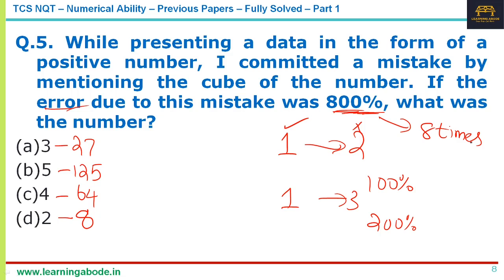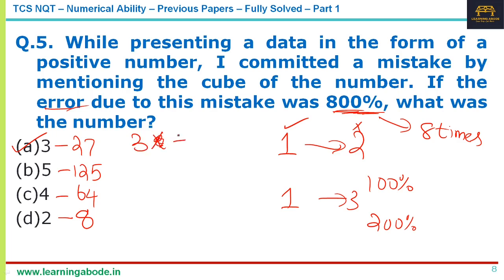The wrong number should be 8 times more than the original number, and 9 times the original number. So the answer is answer option 3. Why? Because it should be 8 times more, right?